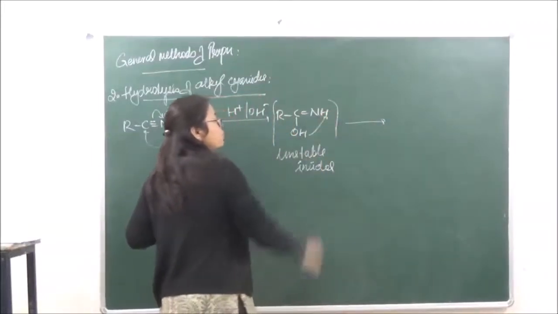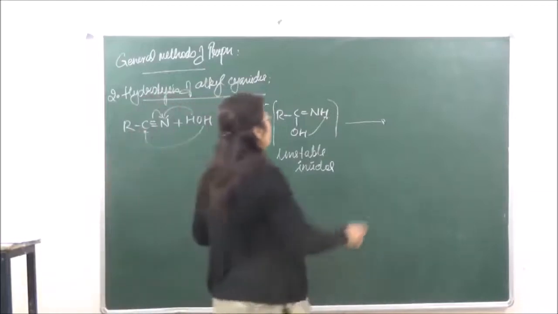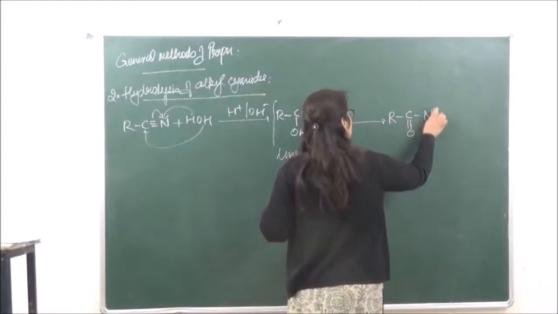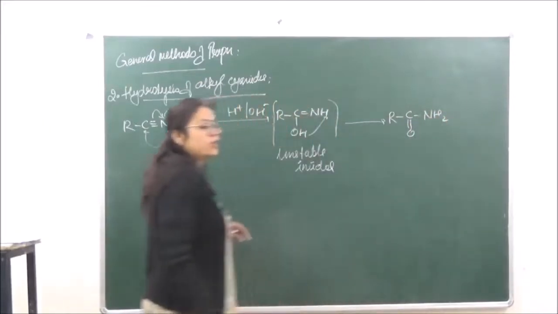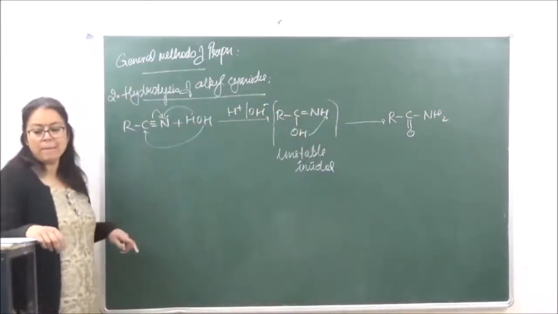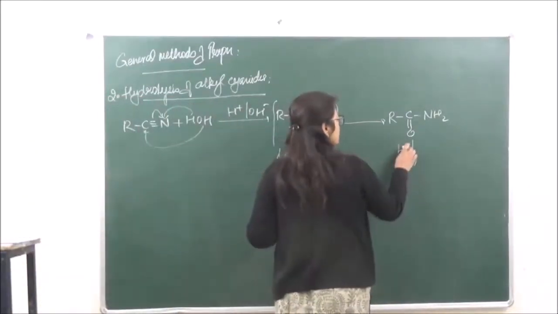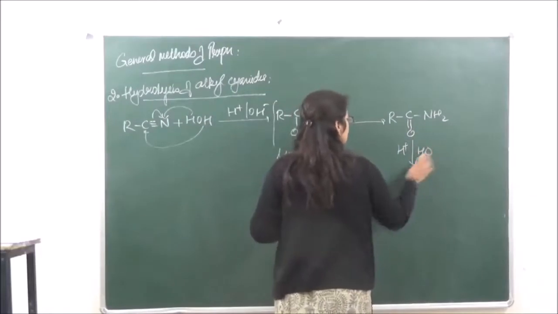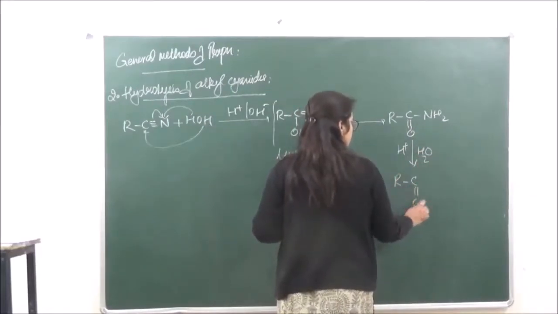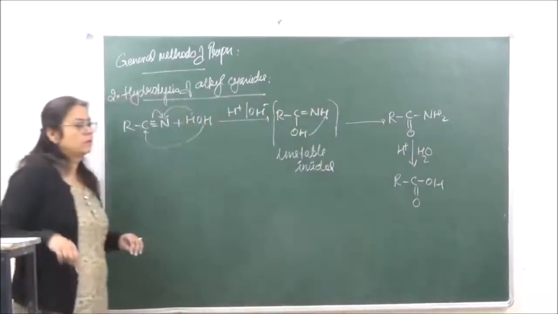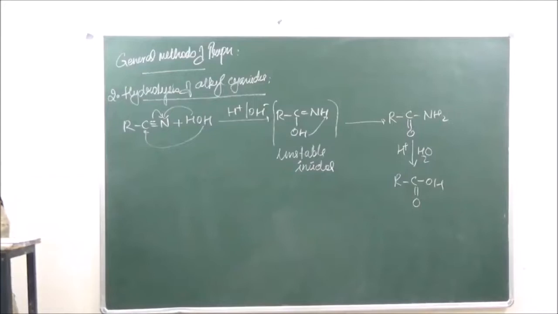This hydrogen is going to go over here, and it is going to give us the respective amide, RCONH2. This is going to be the amide, and then we do the acidic hydrolysis of this. Okay? So we get the respective acid. Clear? What is going to be the mechanism?